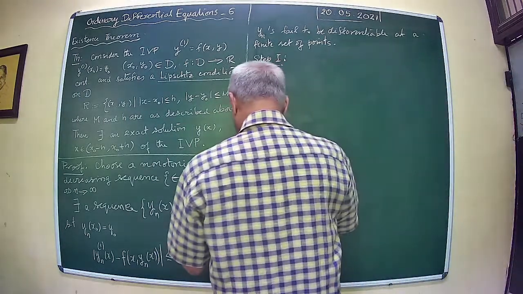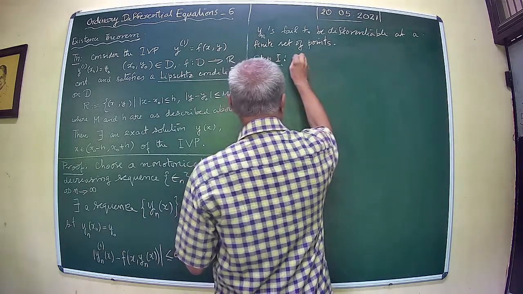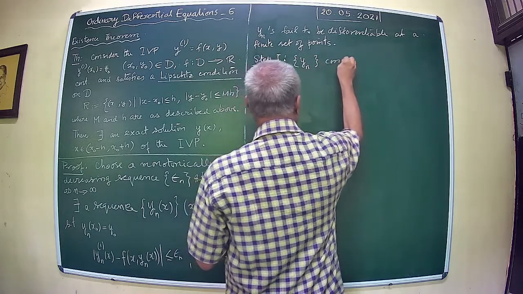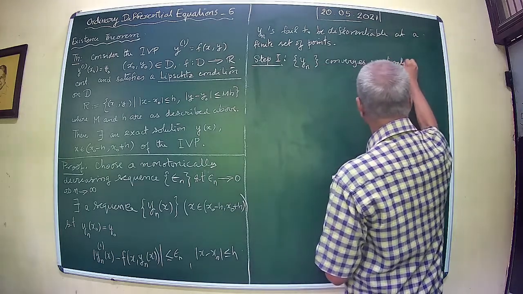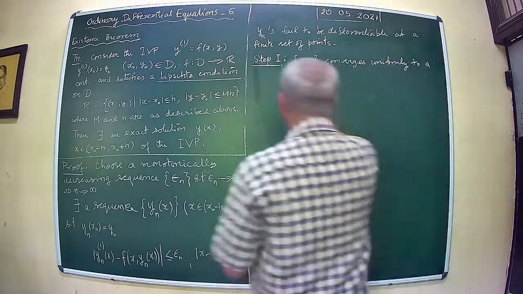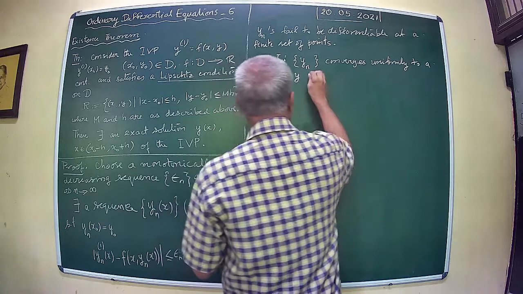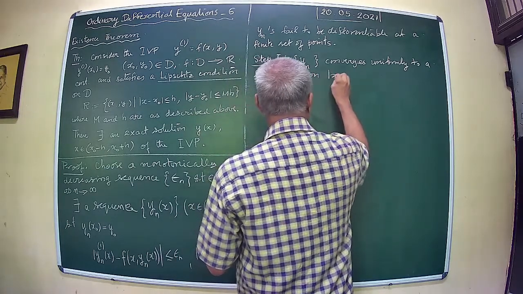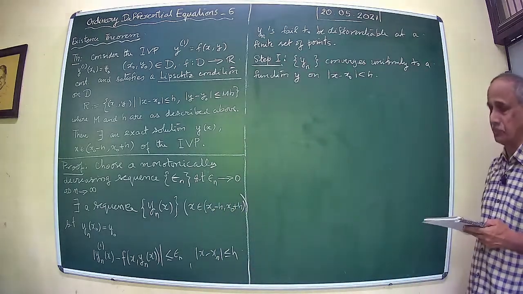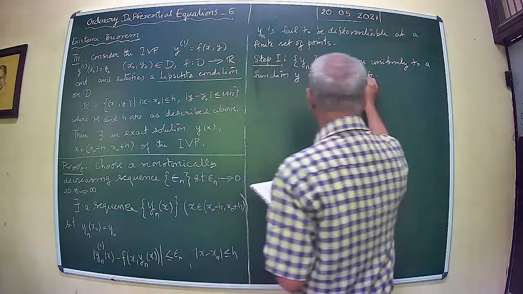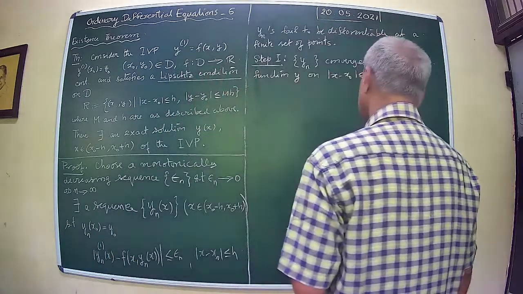So this is what we want to prove: a sequence y_n converges. This is the first thing that we prove. In fact, on this interval it converges. I mean, that's no problem at all. Okay, let us prove this.